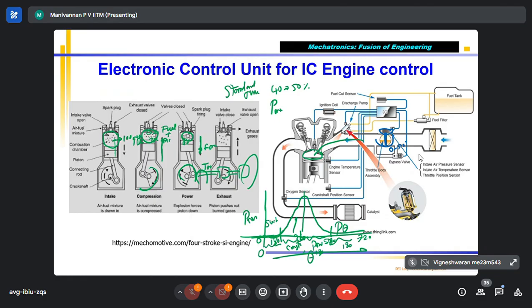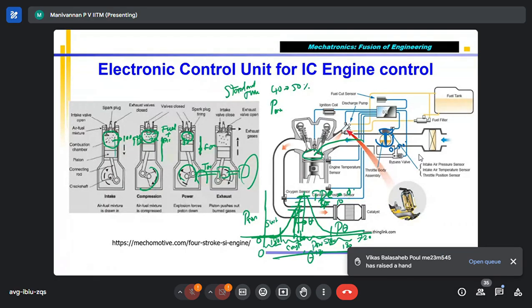During compression, somewhere before TDC, you have to give the spark. TDC is taken as 0 degree. If I give spark here, say the spark time is 10 degrees before TDC, I can also give it at different locations. As I told you, the spark should be given such that when the piston comes to TDC, at the end of the compression stroke, 40 to 50% of the fuel is burned.